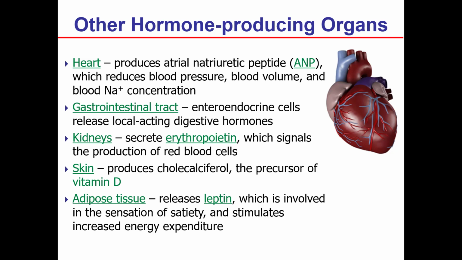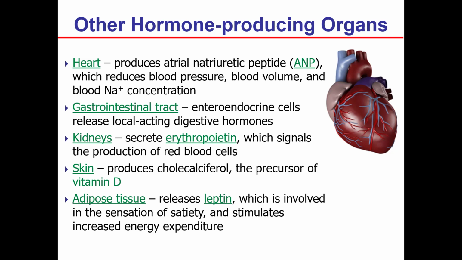The spleen will recycle the iron and the hemoglobin, get rid of things that might be toxic, and new red blood cells will be generated through the bone marrow under the control of erythropoietin. I already mentioned vitamin D synthesis from the skin when it's exposed to UV.